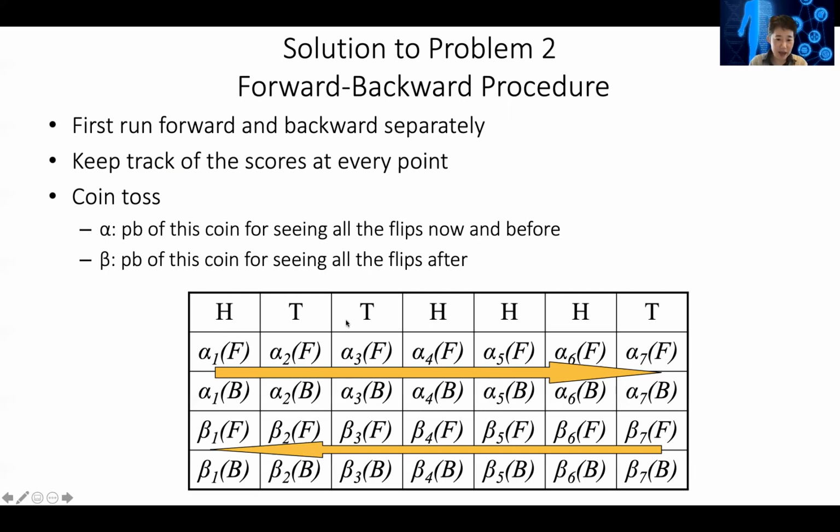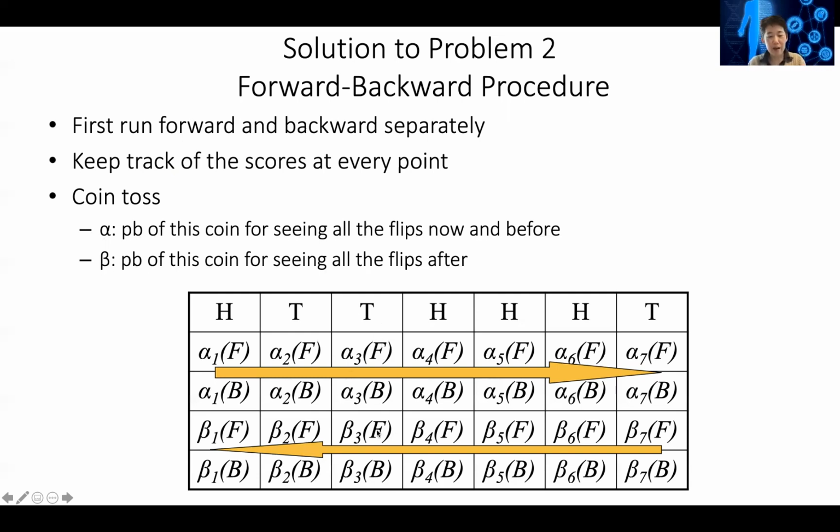The probability at this position of using a fair coin is basically alpha 3 times beta 3 in order to get this whole thing. Because if I'm using a fair coin, the alpha 3 tells me if I use a fair coin, I will see everything before.